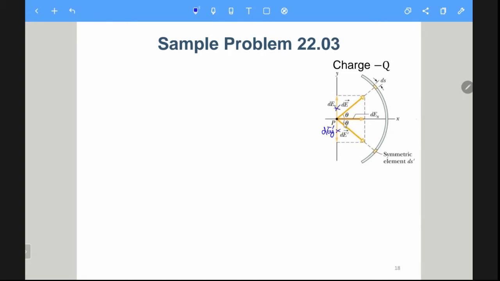So we only need to consider the x-axis component of the E field. It will not generate an E field on other axes.